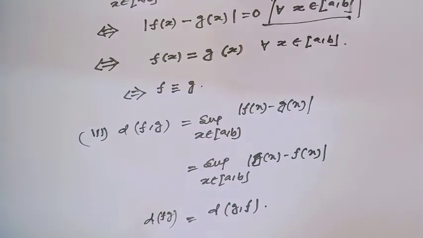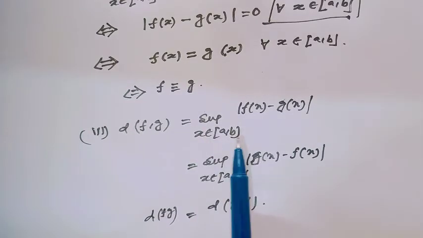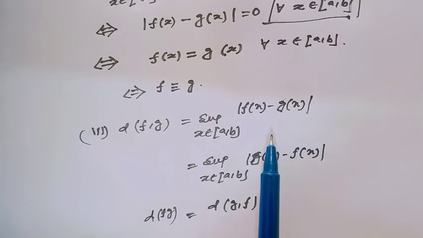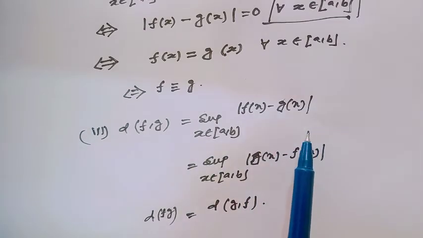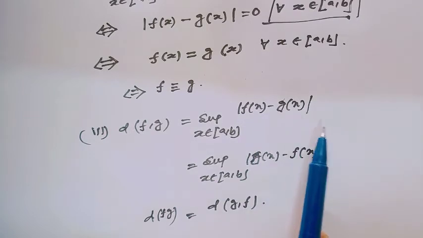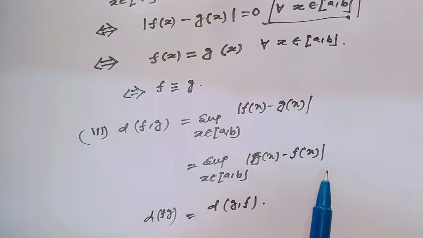The third condition of a metric space is the symmetric property. This is obviously true because d of f comma g, by definition, is equal to the supremum over x in [a, b] of the absolute value of f(x) minus g(x), and the absolute value of f(x) minus g(x) is always equal to the absolute value of g(x) minus f(x).